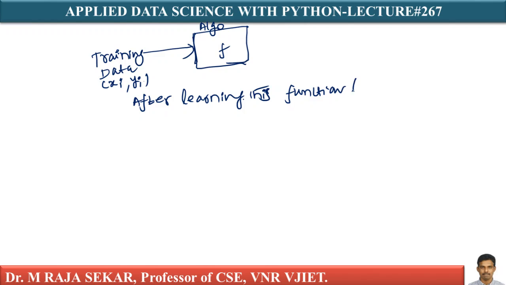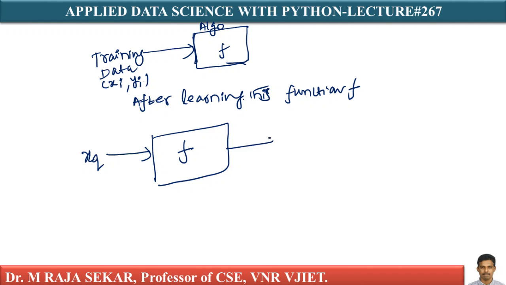How do you learn this function f? By using training data. If I give any new point xq to f, it will return yq. If I give it any new point, it will return me the corresponding class yq.